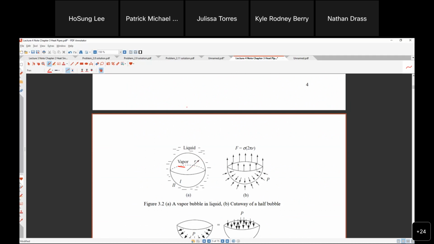The vapor and the gas are different, because the vapor is usually pure, so that it follows thermodynamic property, phase change expected. But usually gas is not easily phase changing.